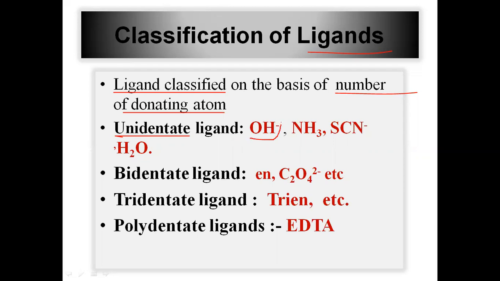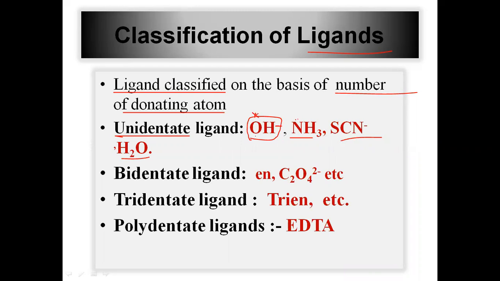Okay, unidentate. So their example is hydroxy. Look there, hydroxy. Okay, and there's a negative charge. Then another is an amine molecule. There is a lone pair of electrons. Thiocyanate, the next two molecules. So if you see all these ligands, you can see there is only one donating atom in the molecule.